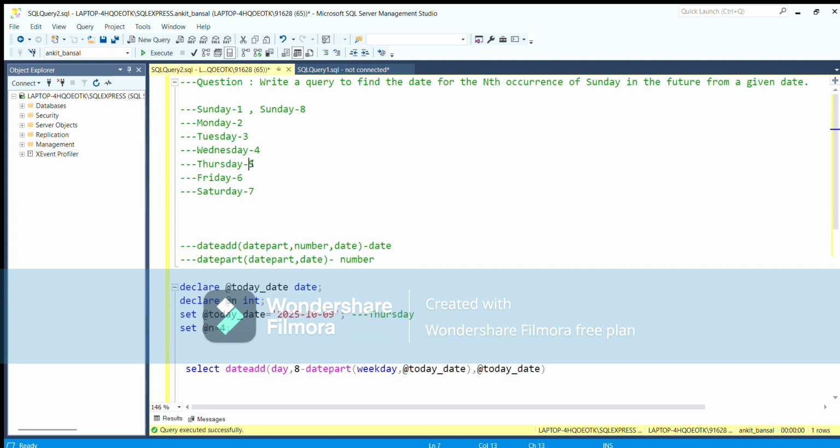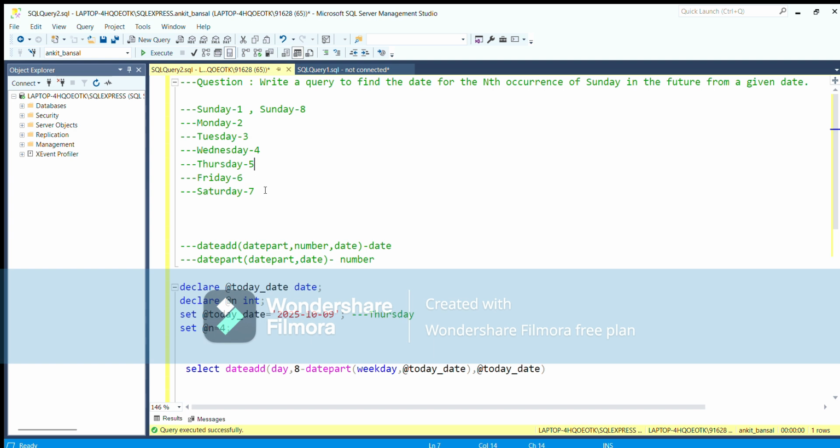And why have I written 8 here? Let's take an example. I am here on Thursday, which equals 5, and I want to know the next Sunday. How many days are left to reach the next Sunday? If I take Sunday as the eighth day, because in this week Saturday is the seventh day and then comes Sunday as the eighth day, then to know how many days are left, I can do 8 minus 5 equals 3.